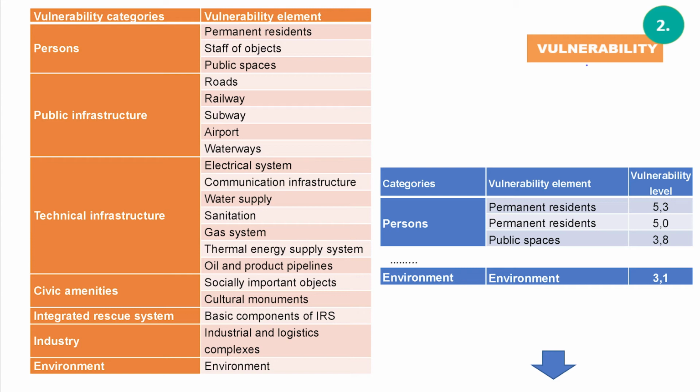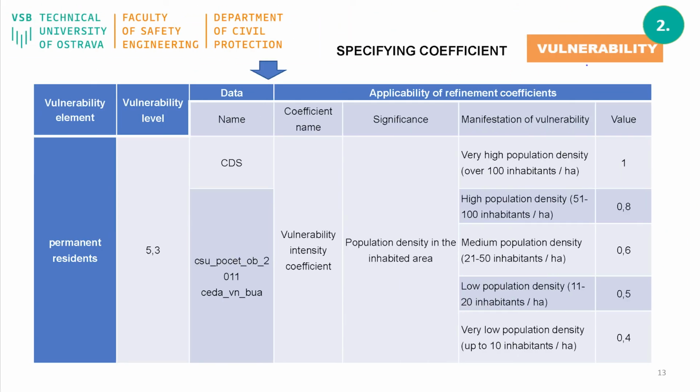And in the next table, you can see its categories. And here is the vulnerability element and vulnerability level. This is a level for threat risk in the Czech Republic. And when you have the vulnerability element, you have the other step. And here is the specifying coefficient.